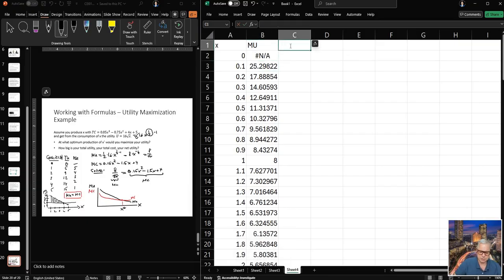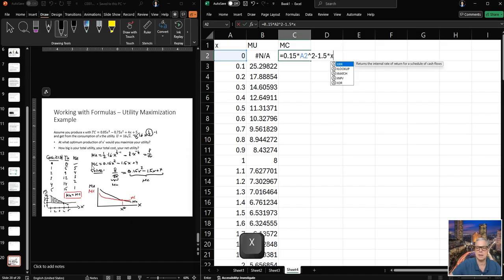Okay, we also need the marginal cost, and the marginal cost is equal to 0.15 times x squared minus 1.5 times x plus 4.